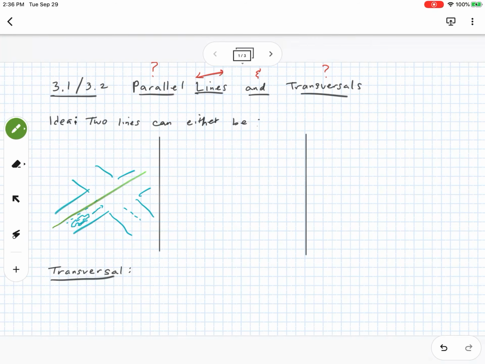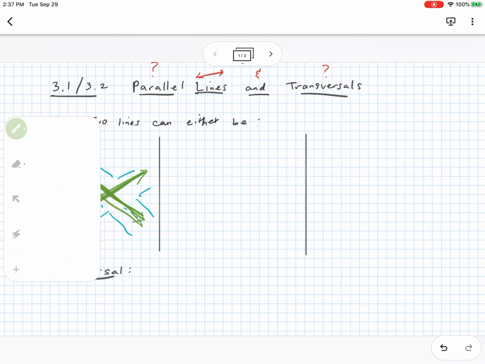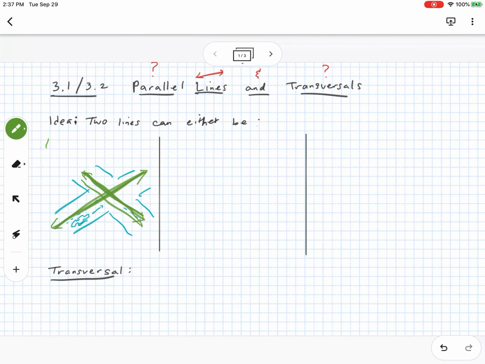And so one of the relationships that we can have between 2 lines is that they can intersect. Okay, so the first option is they can be intersecting, which means that they meet at a point right here, right? This is what it means to intersect.